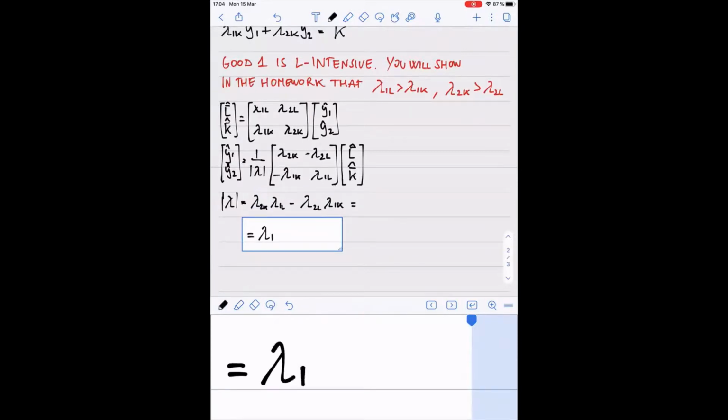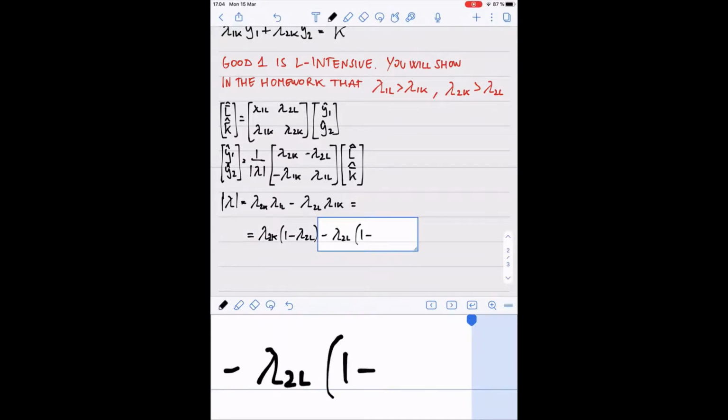Lambda 2k times 1 minus lambda 2l minus lambda 2l times 1 minus lambda 2k.